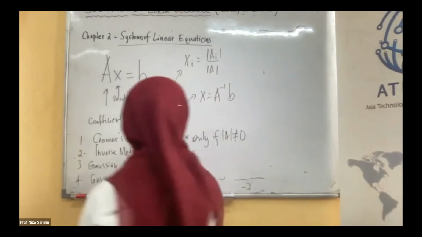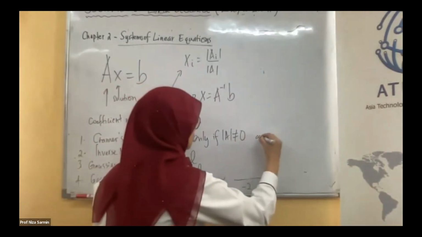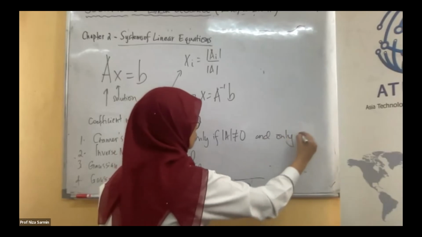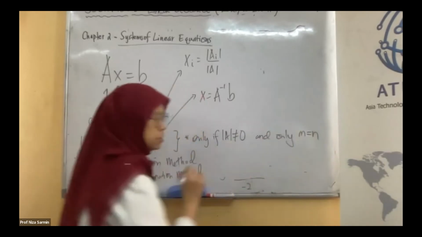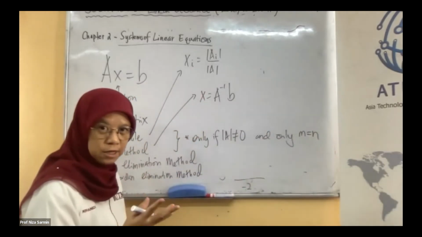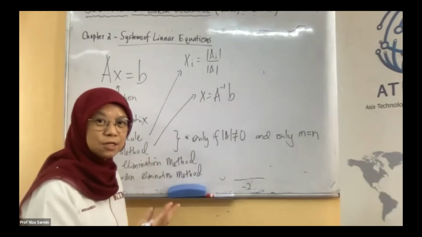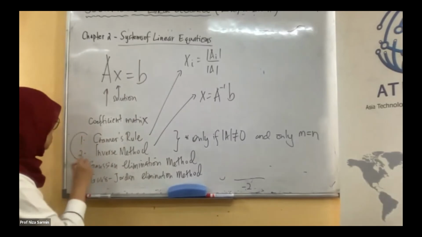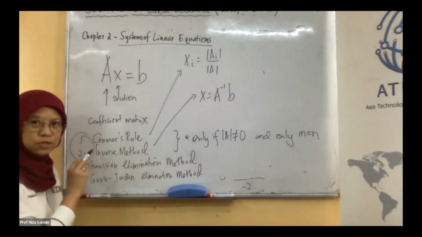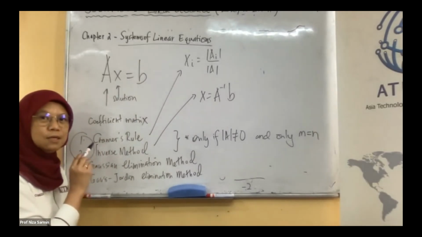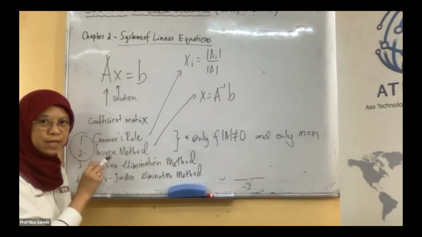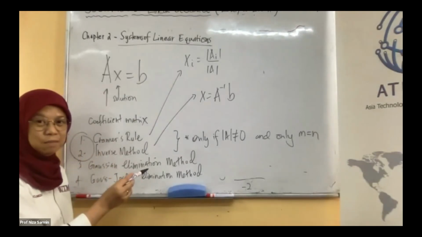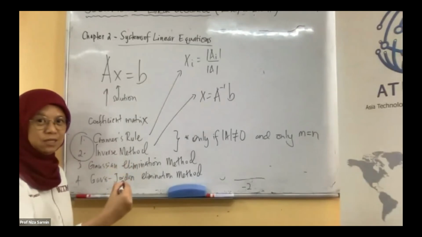Okay, and this is only for a square matrix, because to find determinant, it has to be a square matrix in the first place. So these two cases are restricted only to square matrix A when M is equal to N. But we have another two cases, right?